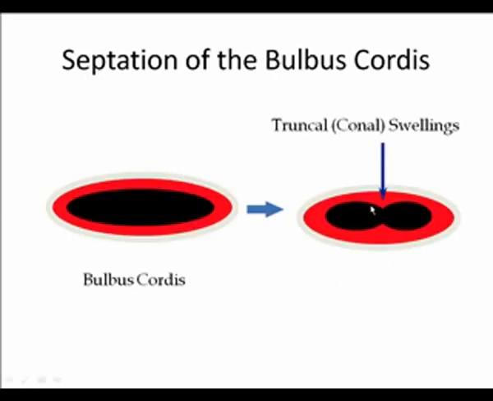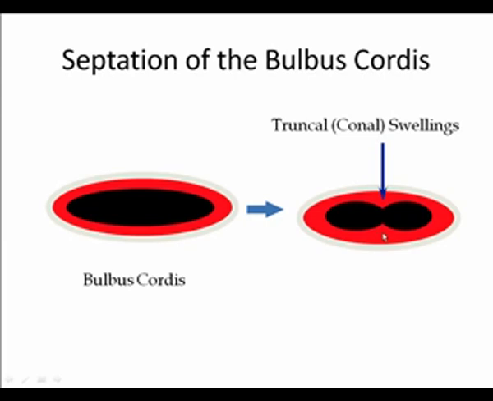So when we look at the bulbus cordis and the truncus region, we note that it starts off as a single tube. That single tube is going to then be divided in two by these either truncal or conal swellings, as they're sometimes called, or bulbar swellings.